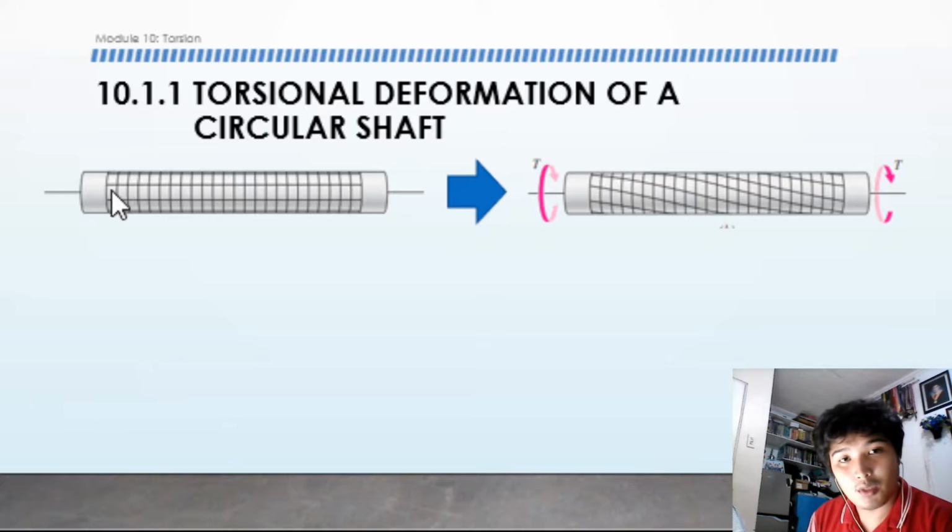Pero class, etong mga horizontal line, okay, anong nangyari class? So, nag-slant siya, no? Or nag-incline siya. Okay, so nagkaroon ng displacement class, and then yun yung isa sa mga main focus natin class dito sa topic na torsion. Okay? So, how much nagdi-displace, and then ano yung measure natin nung displacement na yun.